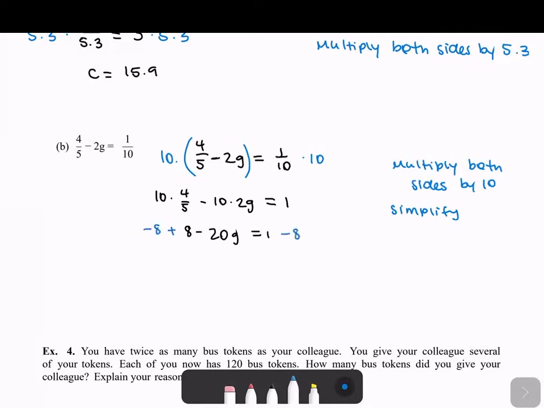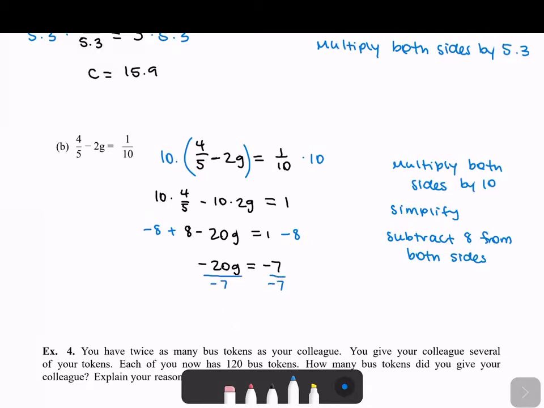So again, I'm using this: subtracting 8 is the same as adding negative 8. So we're going to subtract 8 from both sides, and then we get negative 20g equals negative 7.